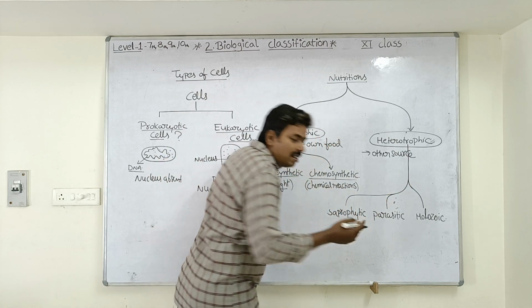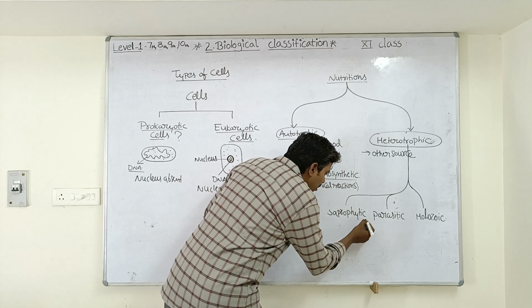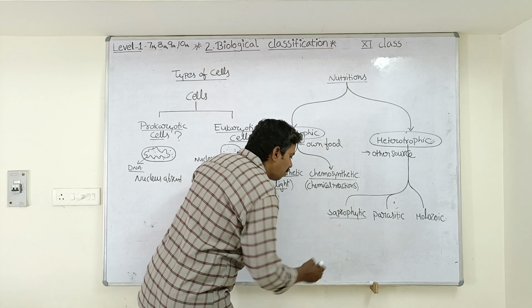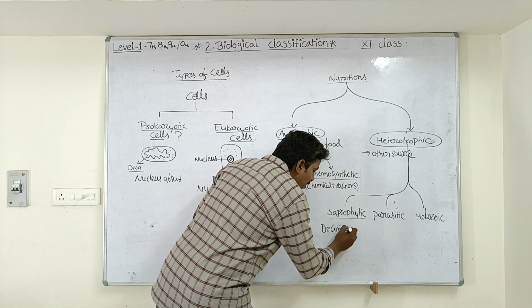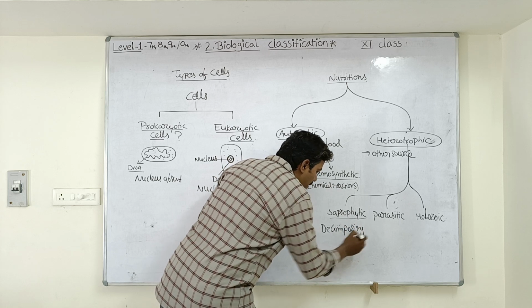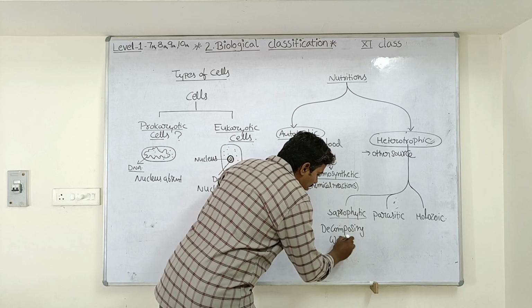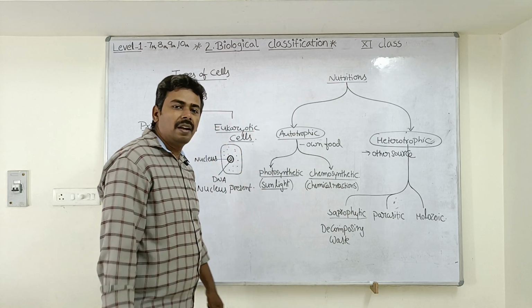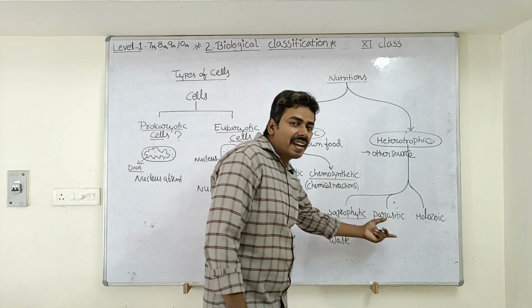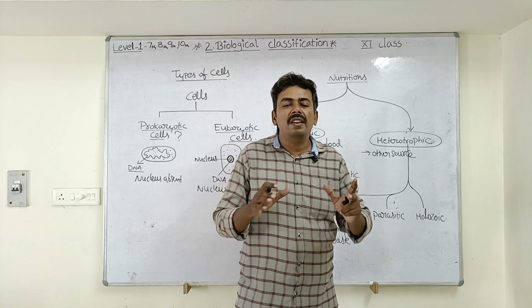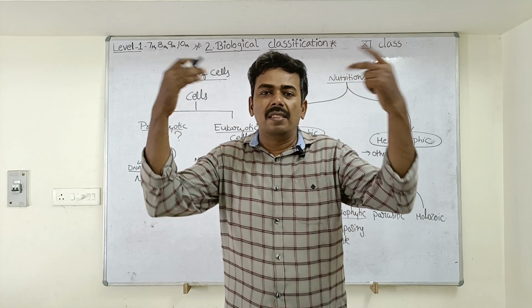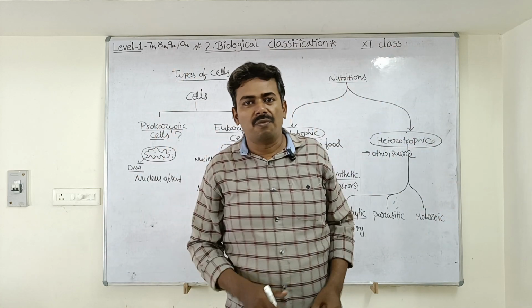Saprophytic nutrition, just like your mushrooms. In saprophytic nutrition, the organisms obtain their food from decomposing waste, such as mushrooms. Okay. Parasitic nutrition is a type of heterotrophic nutrition where the living organisms depend upon other living organisms for a source of food.